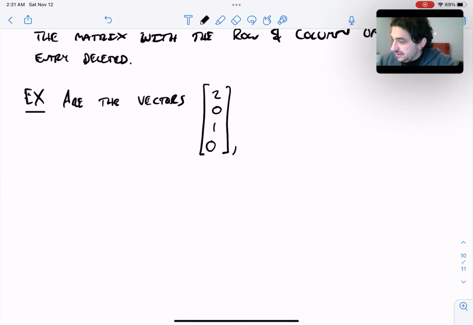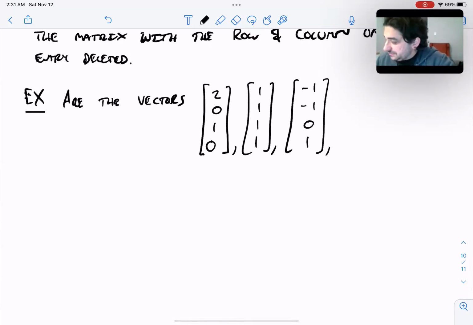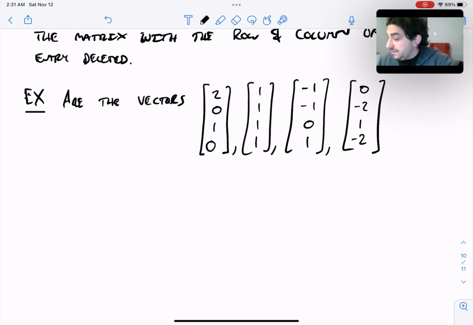Then this vector, 1, 1, 1, 1, the all ones vector. Then minus 1, minus 1, 0, 1. Let's do all those. And let's do 0, minus 2, 1, minus 2. Right, let's take those 4 vectors.